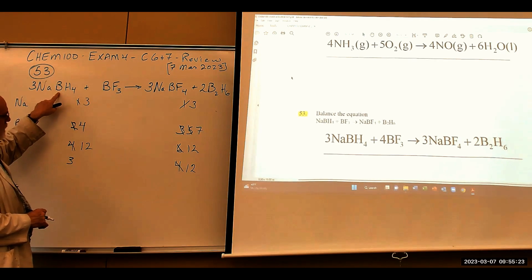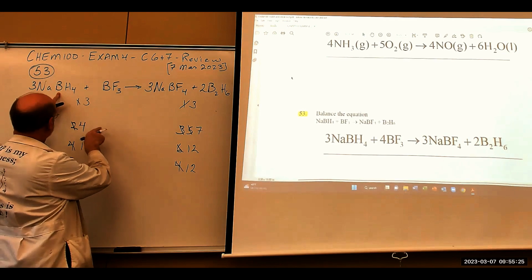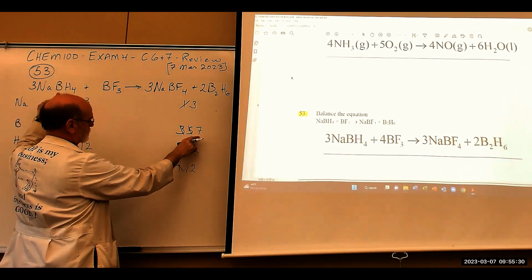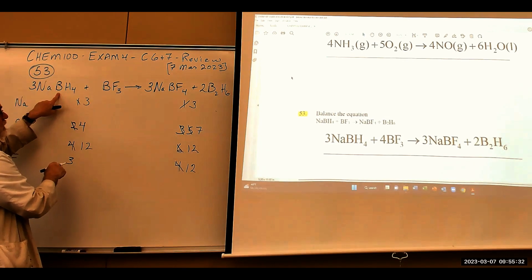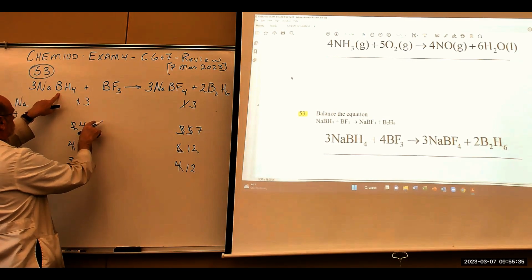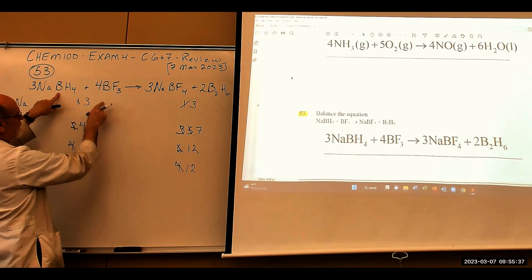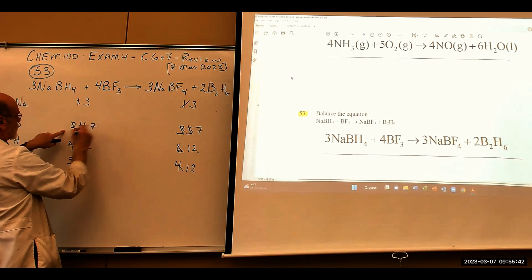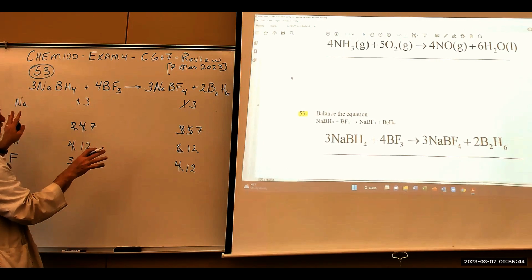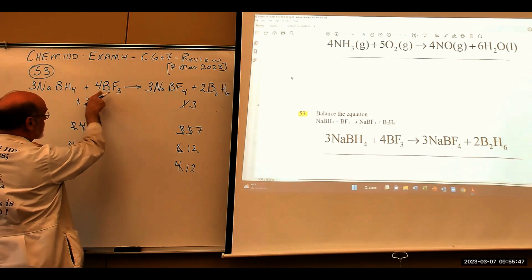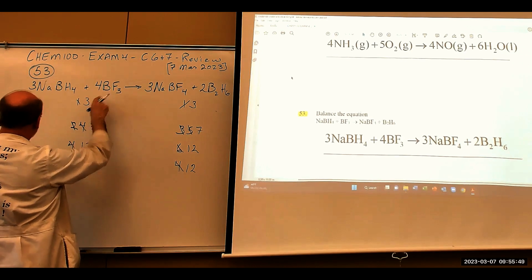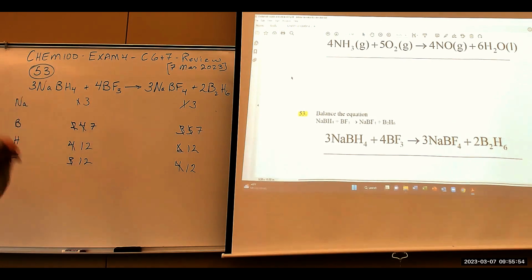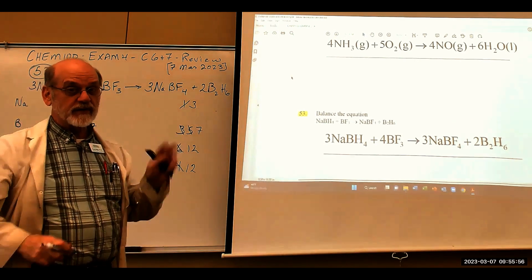We've got 3 borons here, right? 3 borons out of 7 leaves you 4. Right, so we need 4 more borons. 4 borons plus 3 borons is 7 more. Okay, what does that do to the rest of it? Okay, we change this one. So that's 12 fluorines. And we're balanced. Okay, that one took a little bit of work.